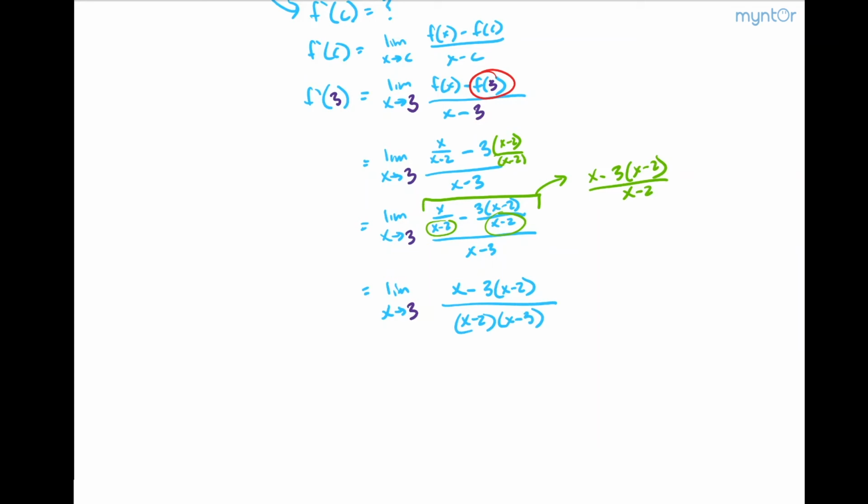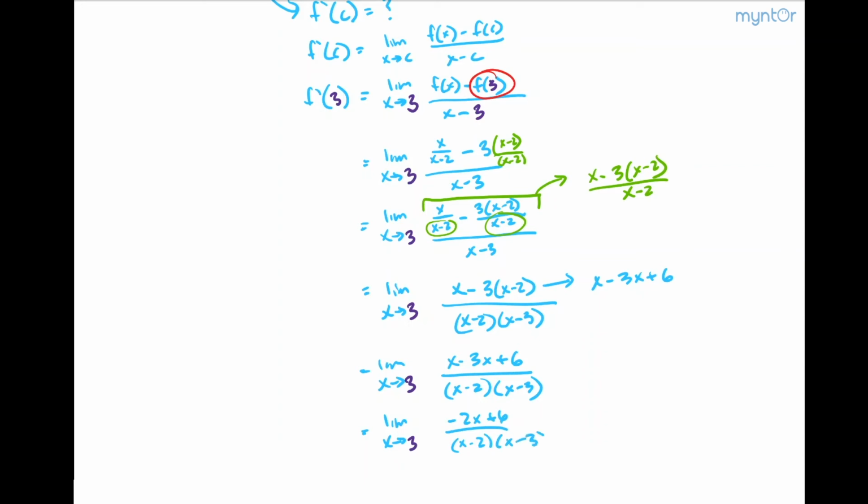I can go ahead and multiply the numerator out into x minus 3x plus 6, which gives me the limit as x approaches 3 of x minus 3x plus 6 divided by x minus 2 times x minus 3. We can simplify the numerator a little bit further and say that this is going to be equal to negative 2x plus 6 over x minus 2 times x minus 3.